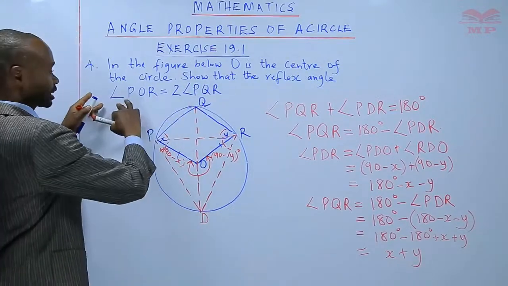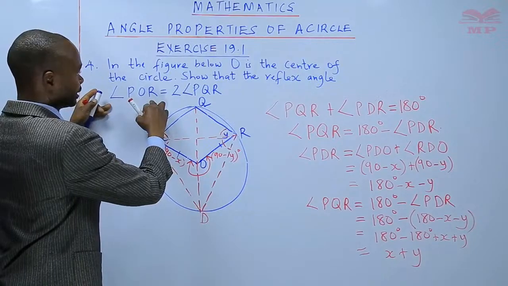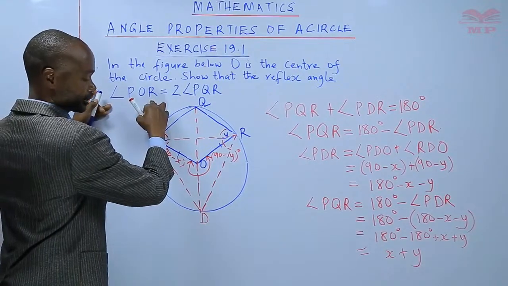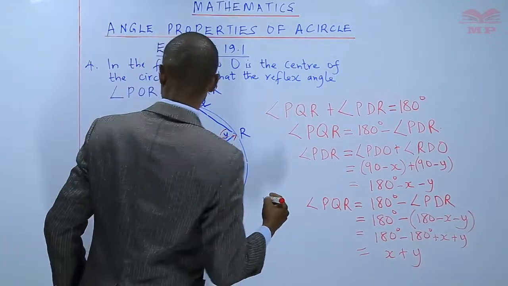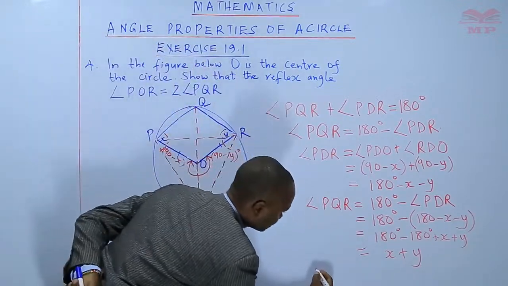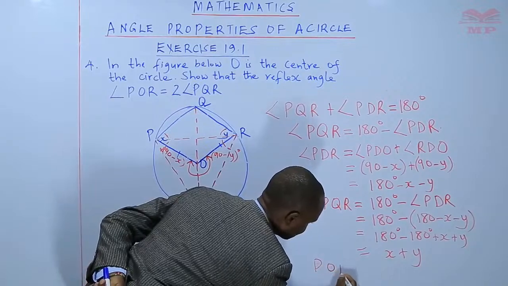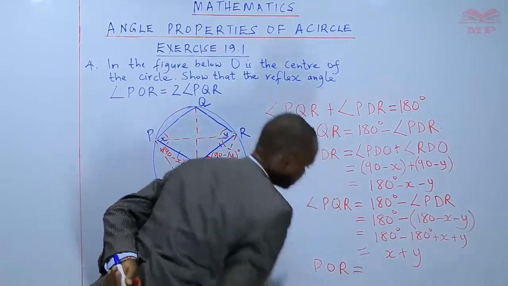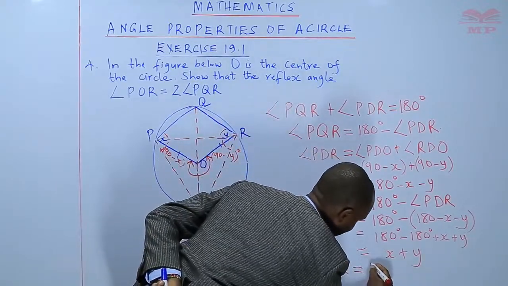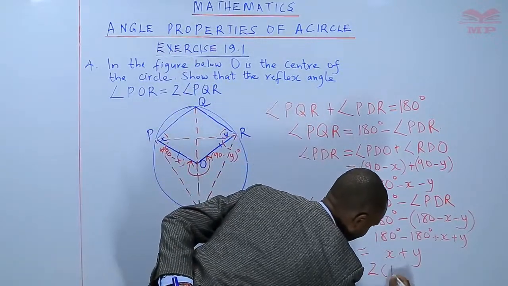So you write exactly what you've got. What did you get for POR? Isn't it? So POR, you say, POR is equal to twice PQR.